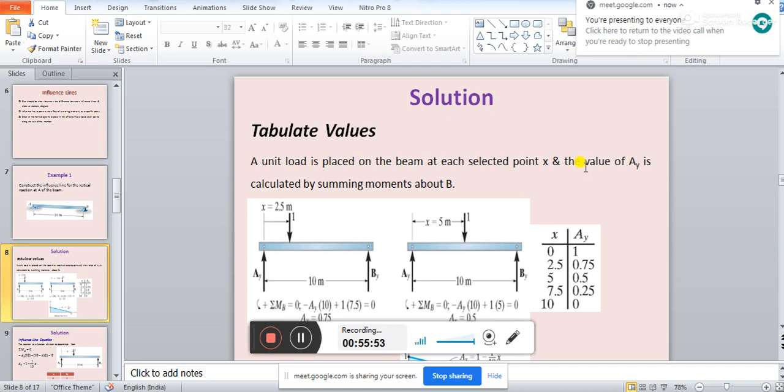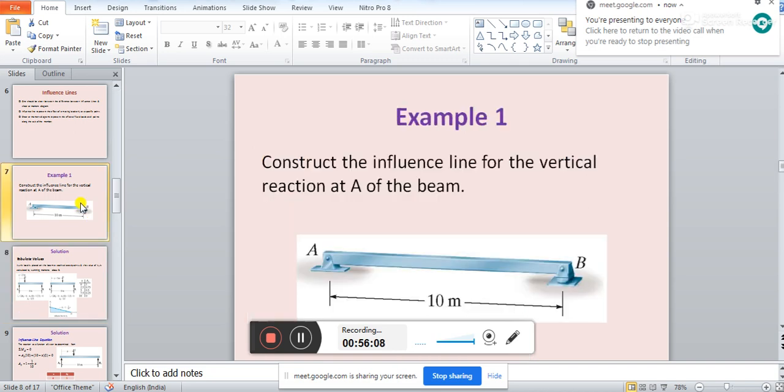To find reaction, sir. So where will you have to find the reaction? Reaction at A, right? To find reaction at A, you must require a load, right? A load should be there. But on this beam there is no load given. So what have you said for constructing influence line?